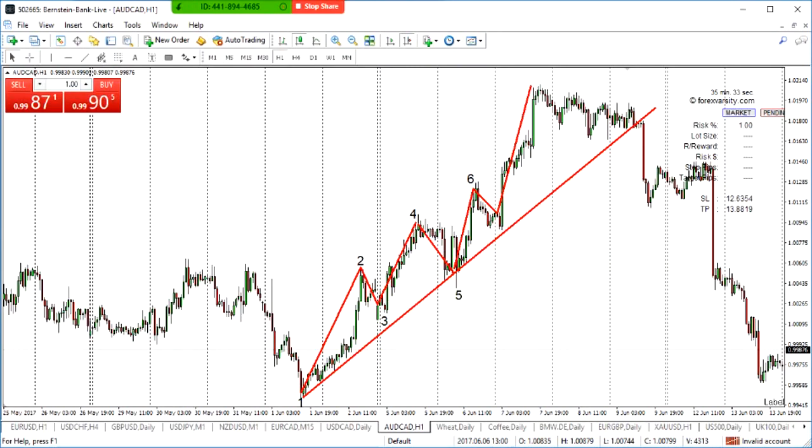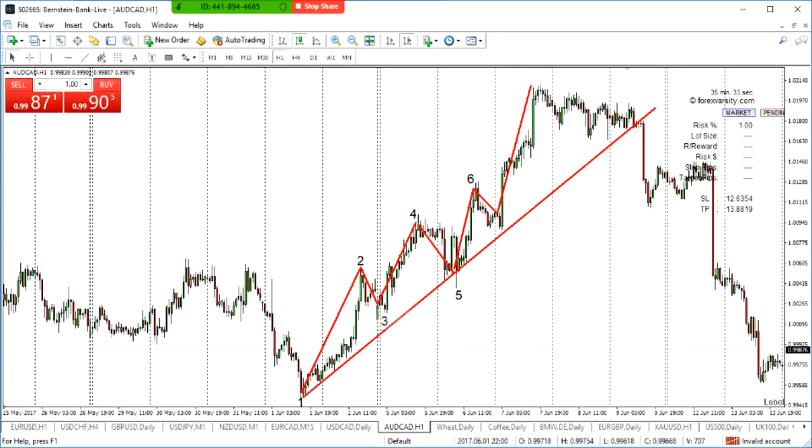Always, your with-trend move should be larger or longer than your against-trend move, your retracement. Your point 1 to 2, which is with your trend, should always be longer than your point 2 to 3, because the trend is moving in our favor. It has to move in our favor. A move in our favor is always longer than a move against us.